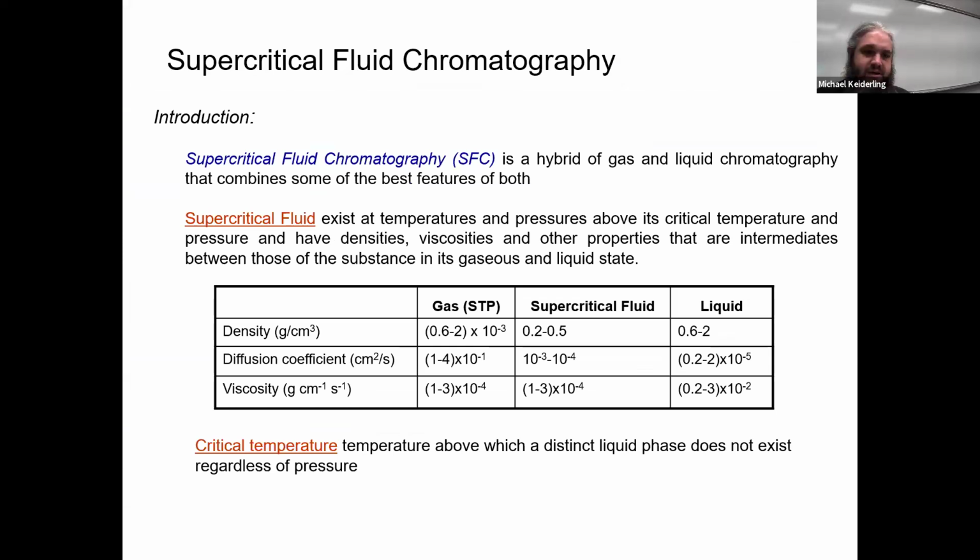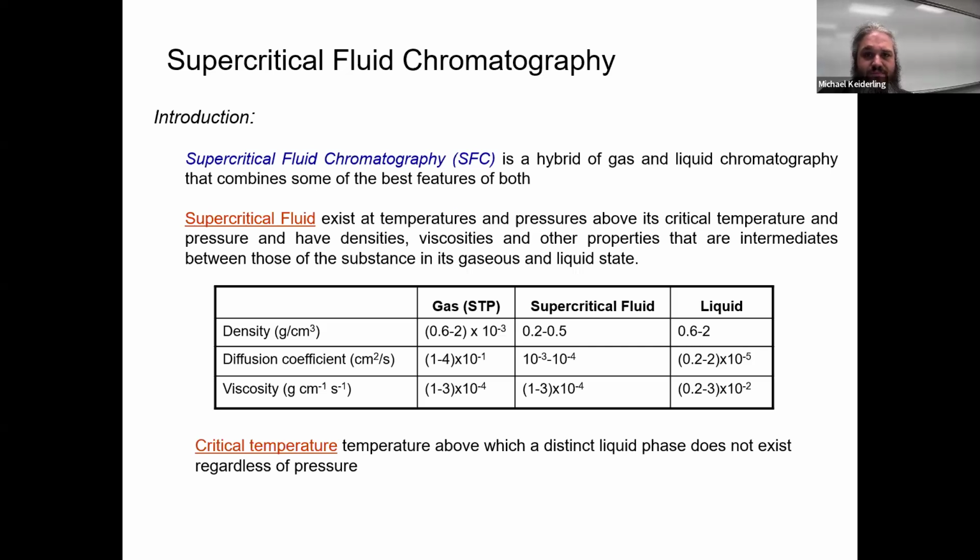So we'll do some last bits. Supercritical fluid chromatography is a literal hybrid of gas and liquid chromatography that combines some of the best features of both. Supercritical fluids exist at temperatures and pressures above their critical temperature and pressure, and have densities, viscosities, and properties that are intermediate between gas and liquid.